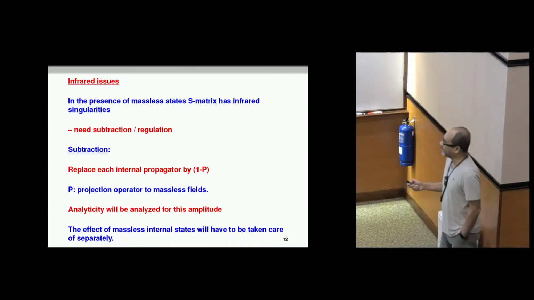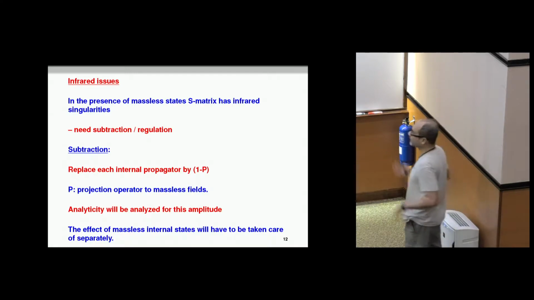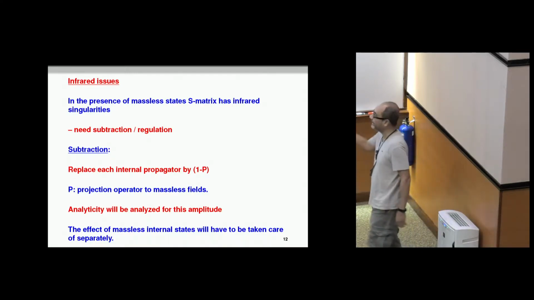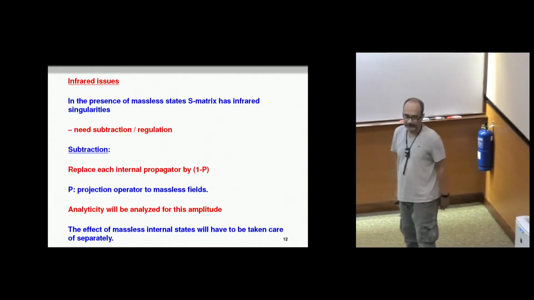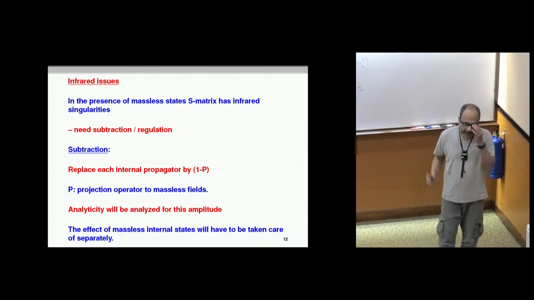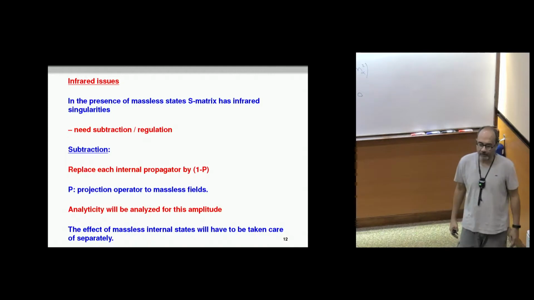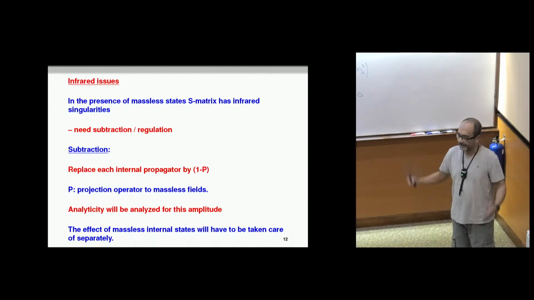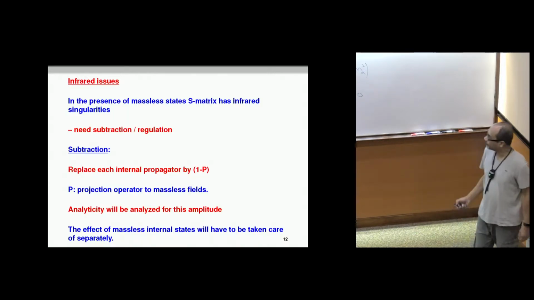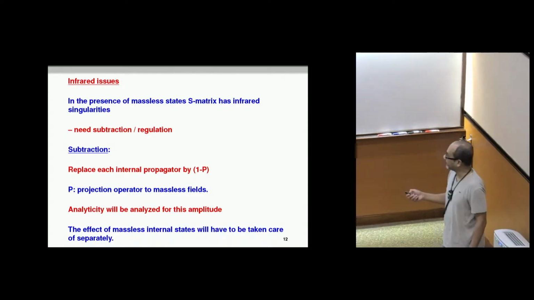The analyticity that we will be studying will be analyzed for this amplitude. Of course, this is not a full S matrix. The full S matrix will require putting back the massless fields and calculating their effects separately. But that part will be the same as in any quantum field theory. The infrared singularities that we will get in an S matrix will be those in any quantum field theory with massless fields. So those have to be taken care of separately.